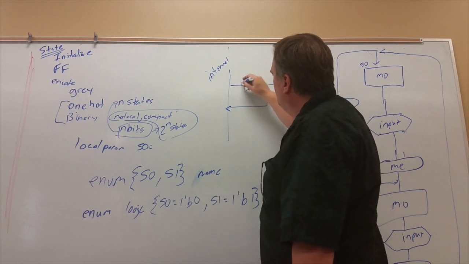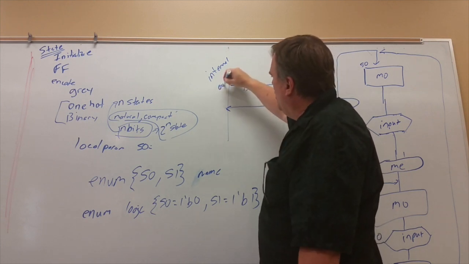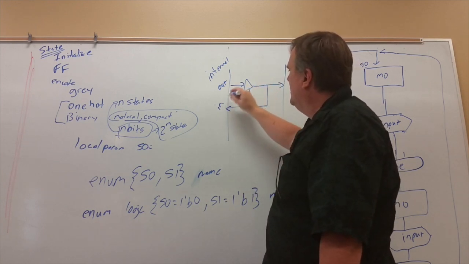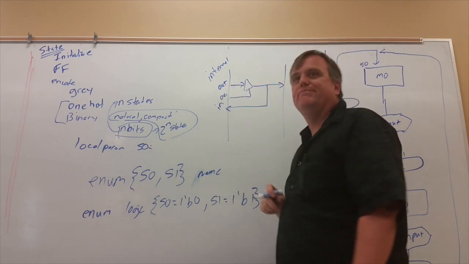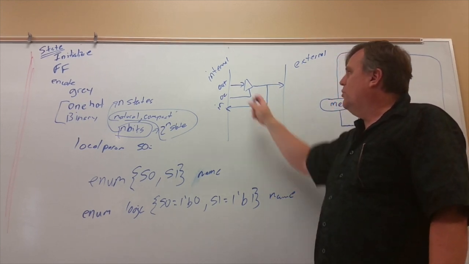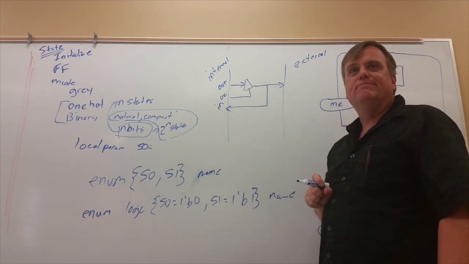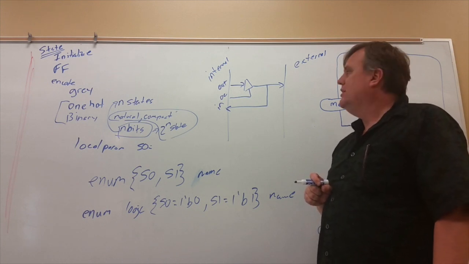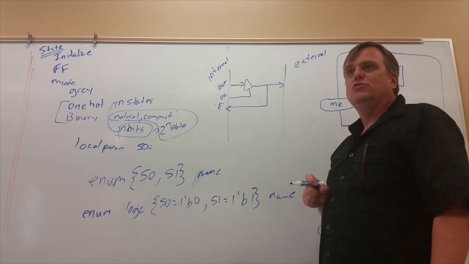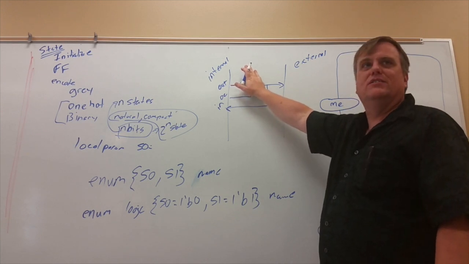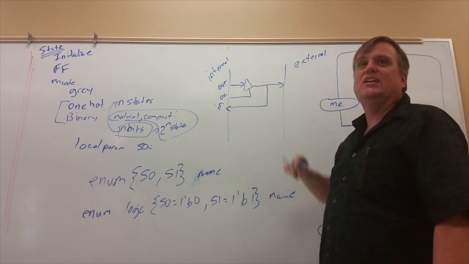So this is your output, this is your input, and this is output enable. So what is this strange beast? Tri-state gate. What happens if I don't assert output enable? You're disconnected, which means it's a Z.